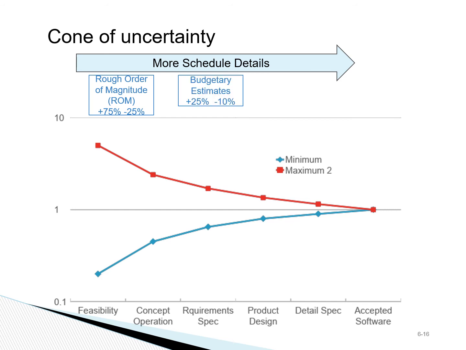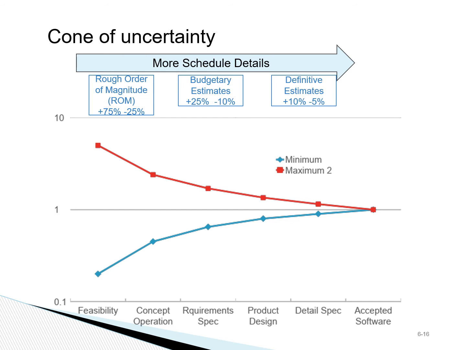For approving the project budget, many organizations require a better quality estimate. They call that a budgetary estimate, which would have the accuracy of plus 25% to minus 10%. As the project progresses, during the execution of the project, the project team can develop a definitive estimate with the accuracy of plus 10% to minus 5%.